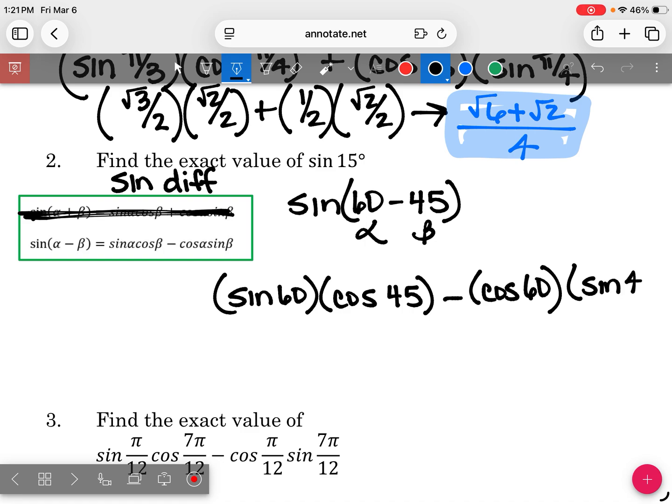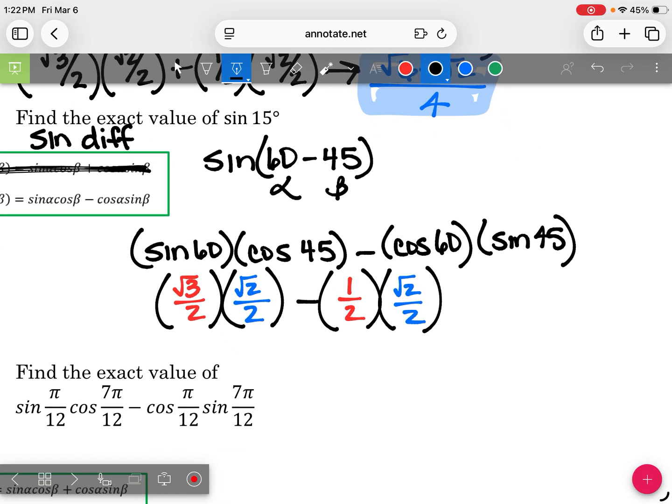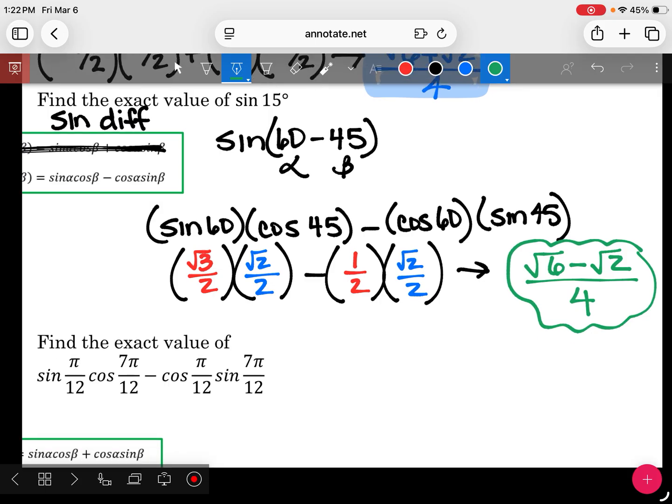Go ahead and fill it all in from your unit circle. And you can check to see if you got what I got.